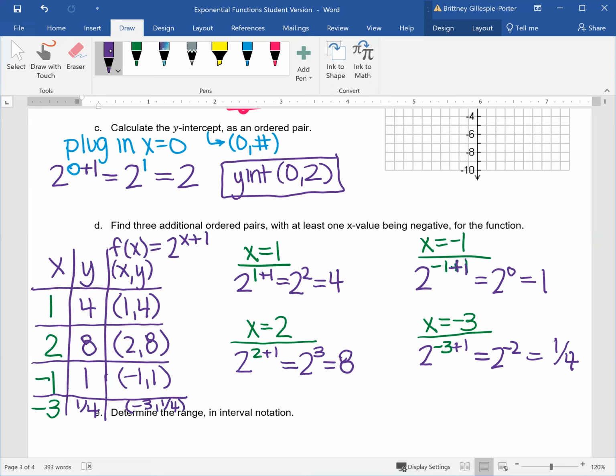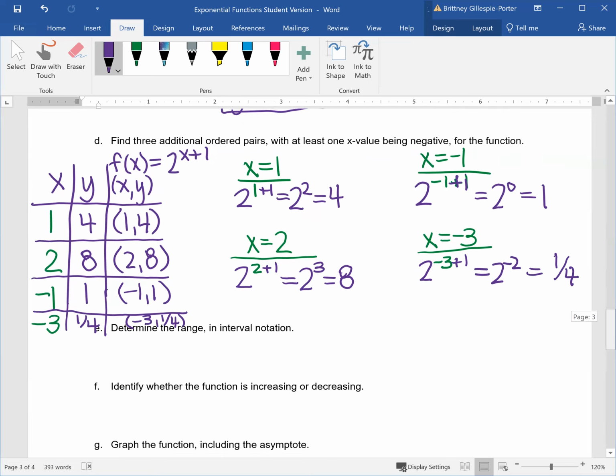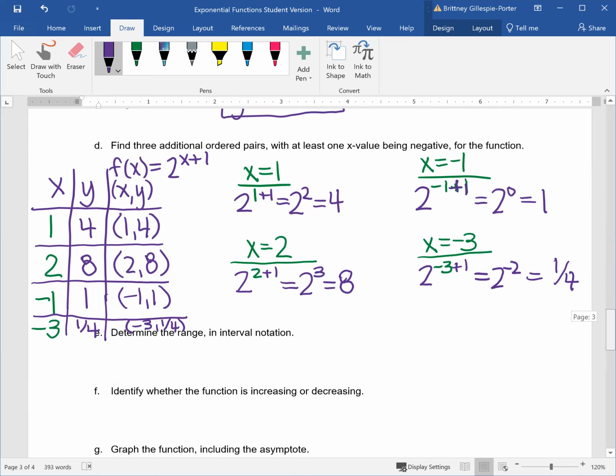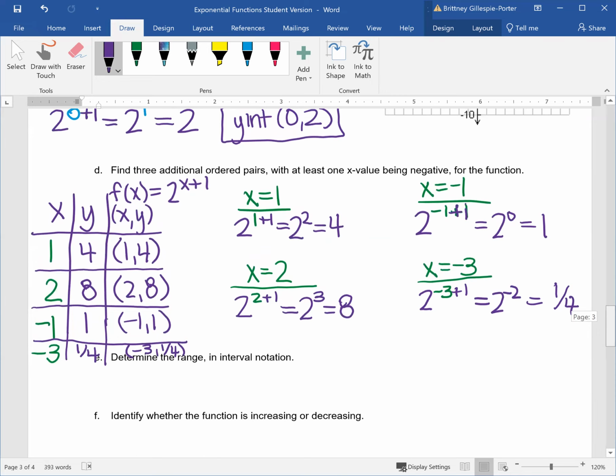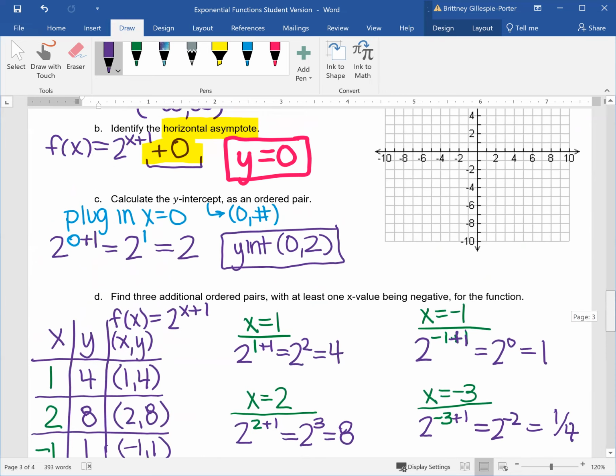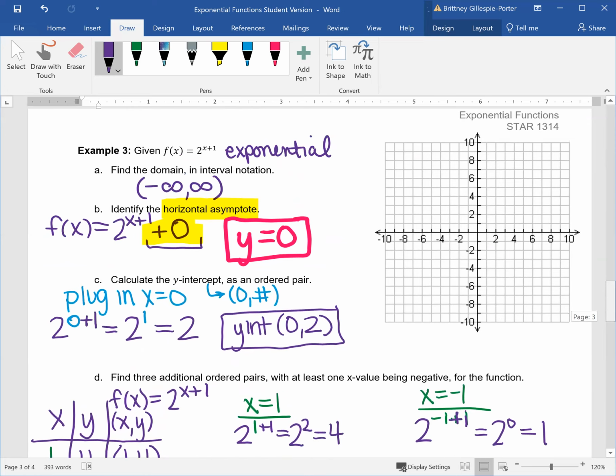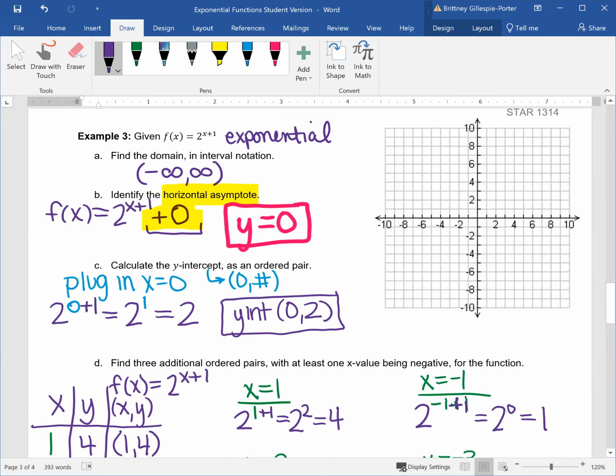I'm going to go a little bit out of order because I know a bunch of you are visual, so this is going to help you with determining your range and increasing and decreasing of your function. So in our example, we already have the coordinate plane, so we don't need to draw our x and y axes, but we do need to start plotting our points.